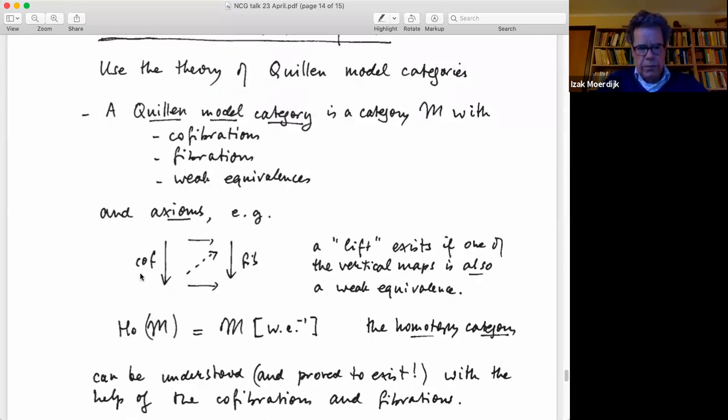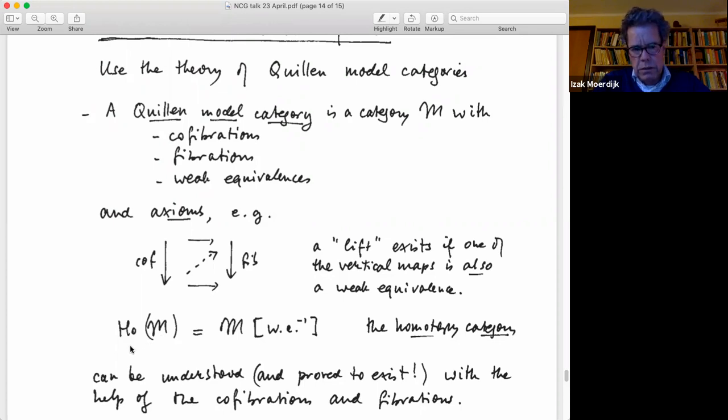One when the cofibration is what is called a trivial cofibration, meaning it's also a weak equivalence, and one where the fibration is a trivial fibration. And if you have this structure, you can universally invert the weak equivalences, very much like in a ring of fractions, to get a new category, and that's the homotopy category of M.